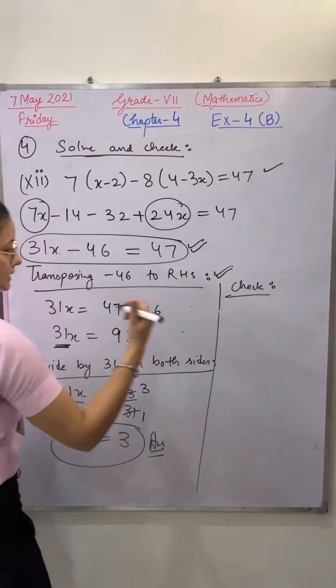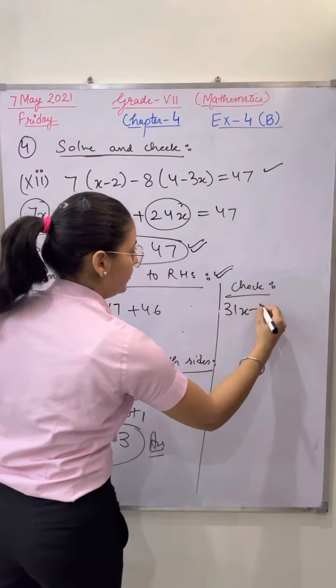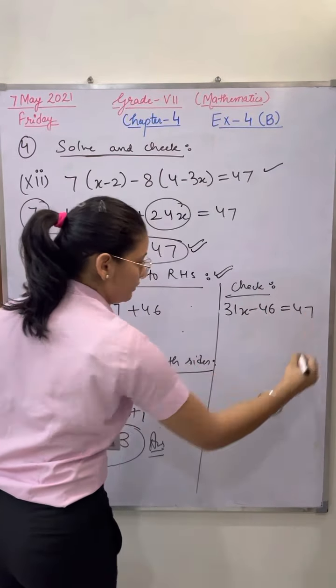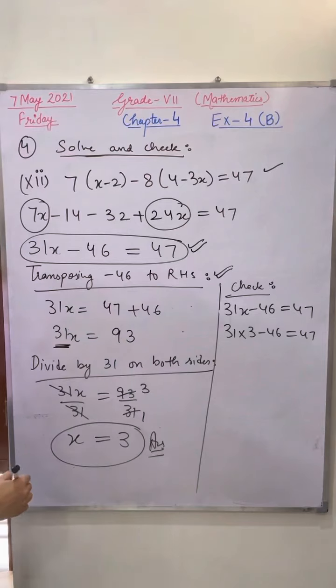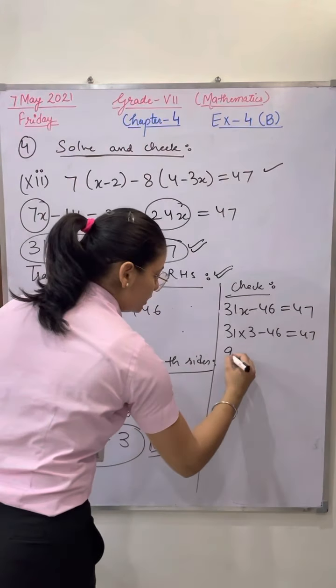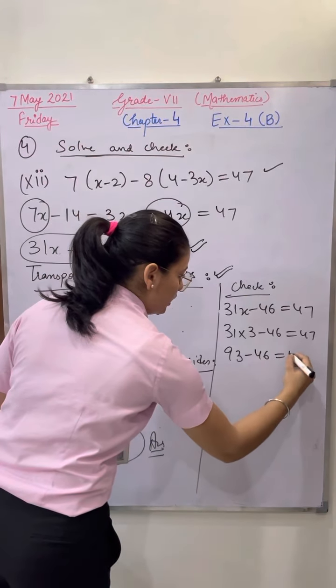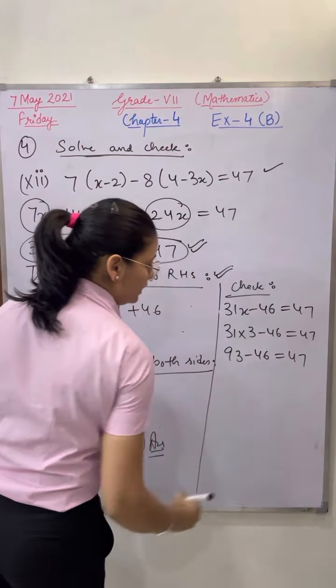I'm putting it in this: 31x minus 46 is equal to 47. Right? 31 multiplied by 3 minus 46 is equal to 47. 31 threes are how much? 93. Okay, 93 minus 46 is equal to 47. 93 minus 46 how much?